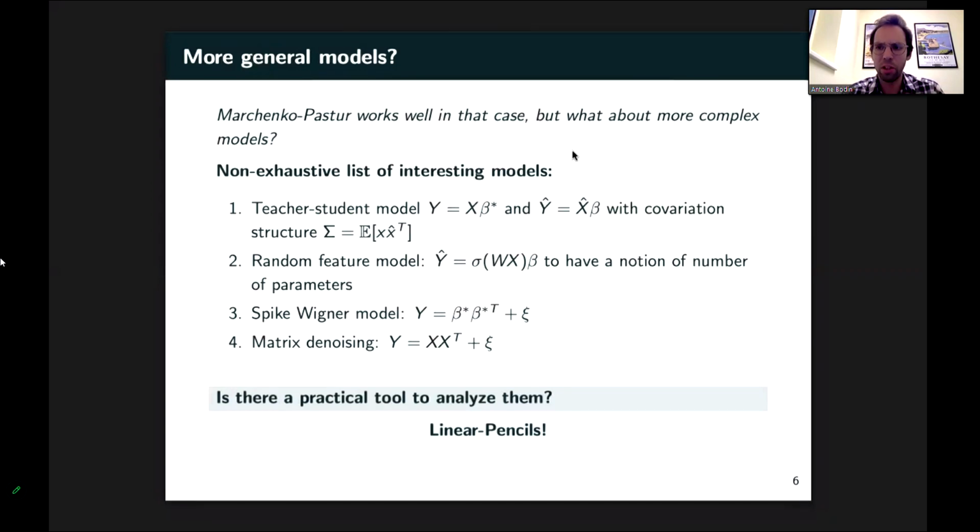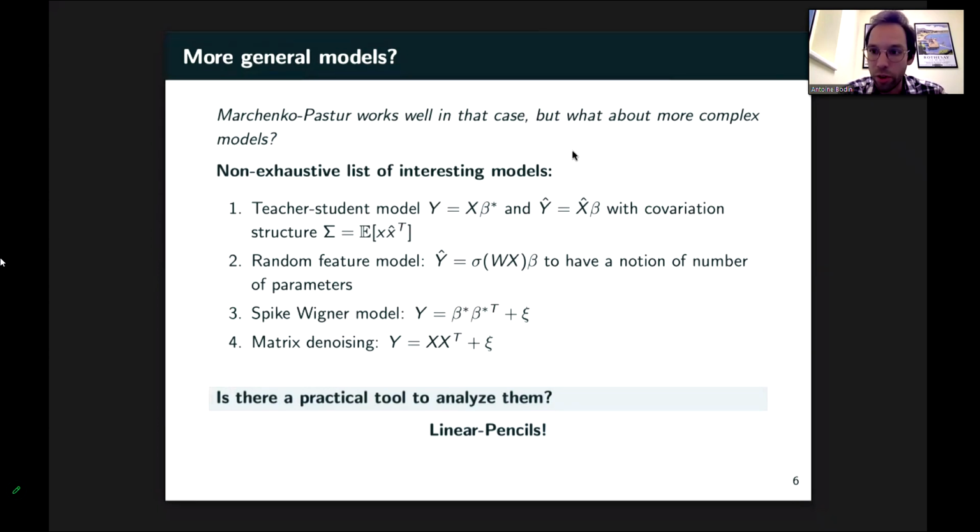You could go a little bit beyond the linear model, where you consider, for instance, that you're in a teacher-student setting where you have some data coming from the student and coming from the teacher that have some specific covariance matrix sigma. Or you could consider that you are using what's called a random feature model, where you have a weight matrix that is frozen at the beginning, and you just want to train the second layer.